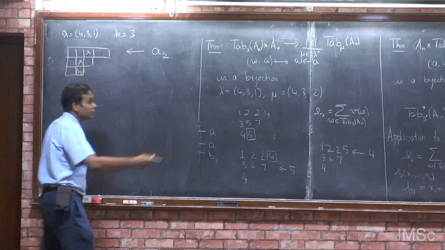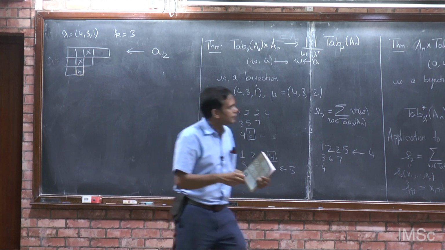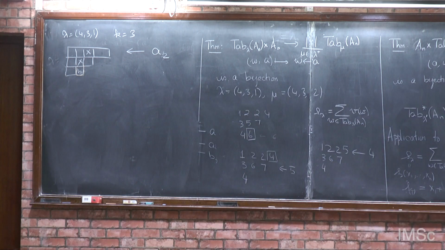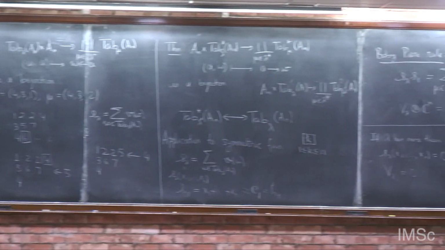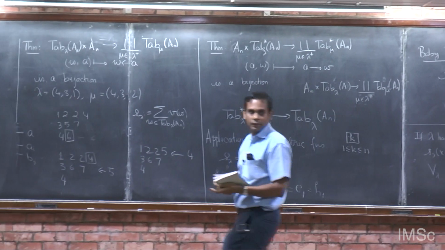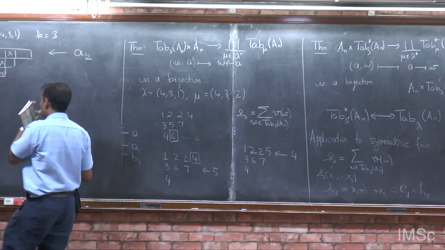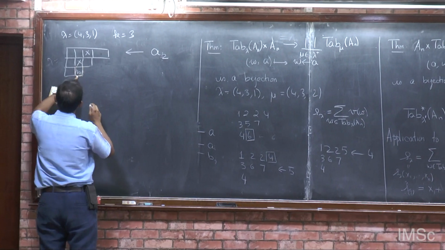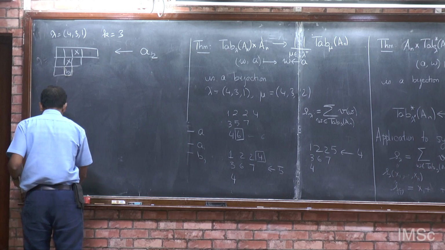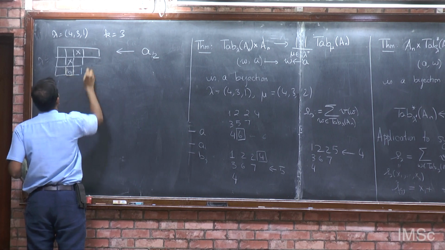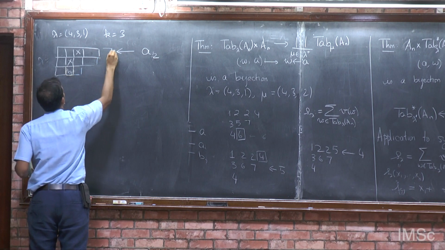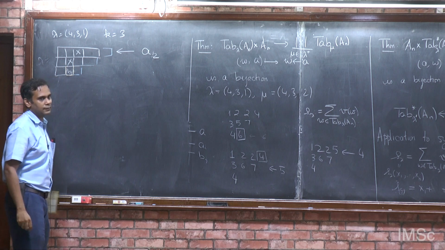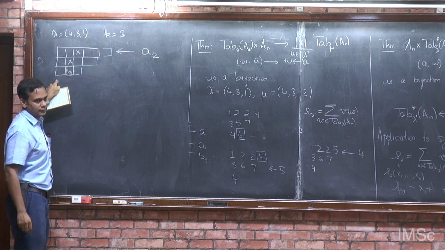Now, how do I reverse this algorithm? For this I need to know which cell was added last, which cell was added before that and so on, to reverse it step by step. So, if this was the first box, then the next box the possibilities are here, here or here in this case, but not here.